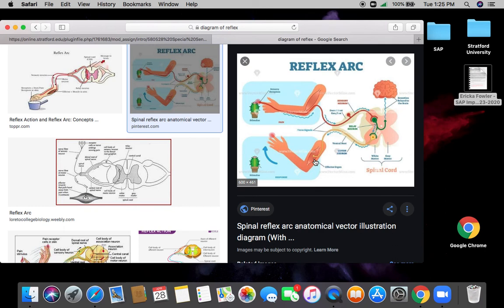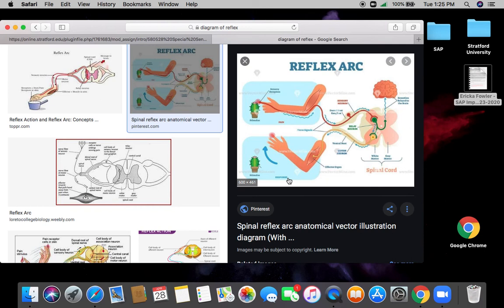So, for example, if you get hurt, nociceptors, like in my example when you burn your hand. Typically it would go all the way up to the brain and then all the way down the spinal cord and back, and it does. But there's a shortcut, and that's the reflex arc. The reflex arc does not require the brain.